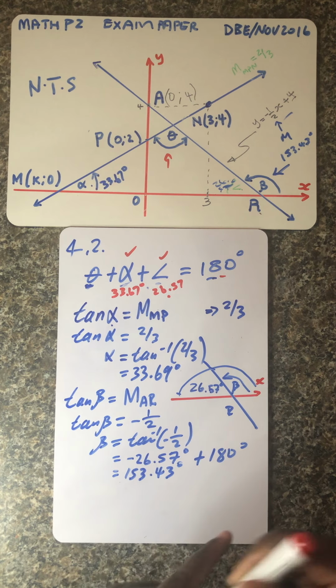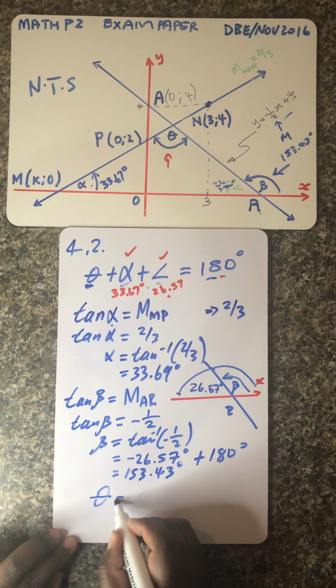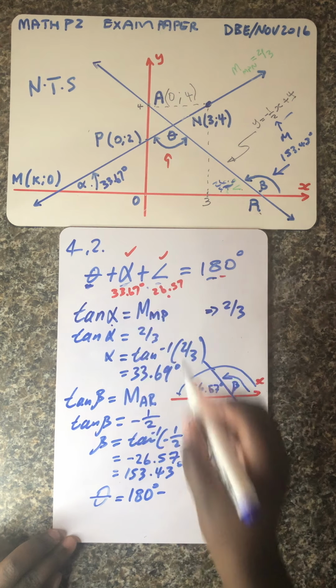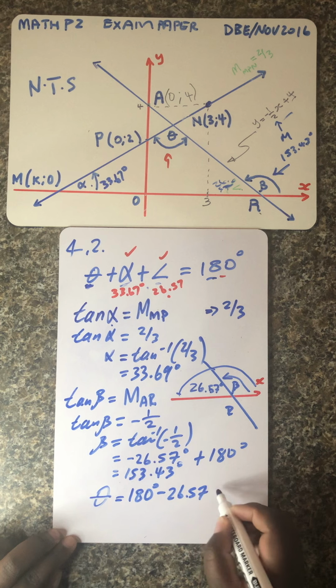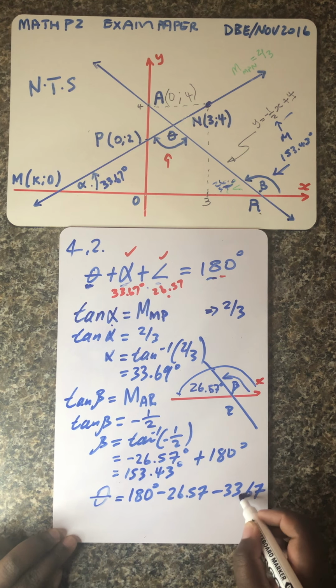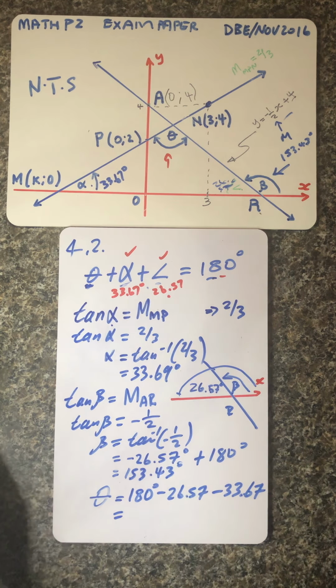Okay, so let's now see. That means angle theta will be equal to 180 degrees minus 2 of these angles. You can just say minus 26.57 minus 33.67. So the answer that you get, it's angle theta.